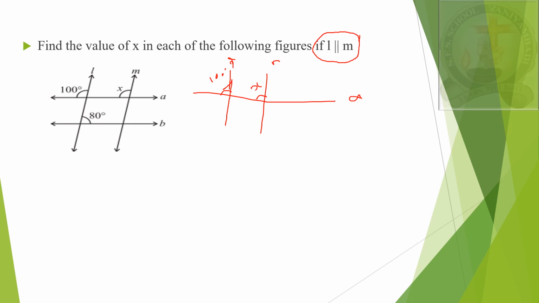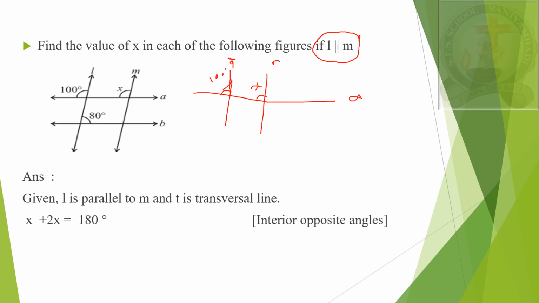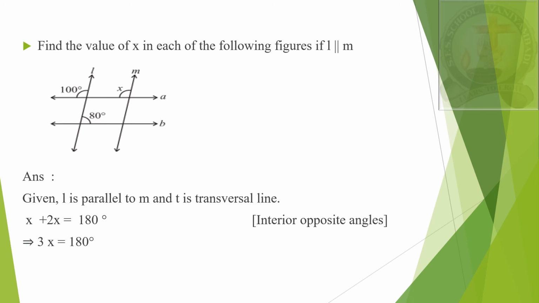Since L is parallel to M and A is a transversal line, for the answer we write: 80 plus x plus 2x is equal to 180, then 3x is equal to 180, and if you divide both sides by 3, you will get x equals 60.